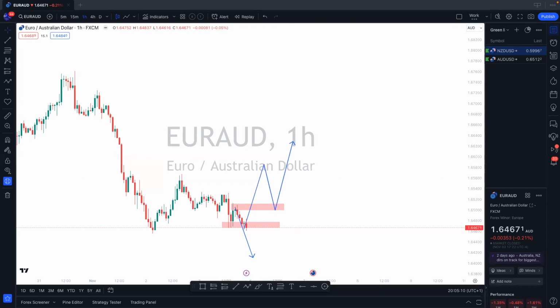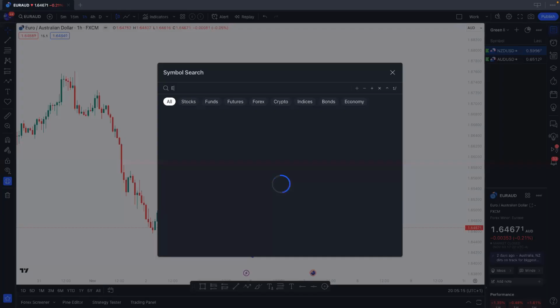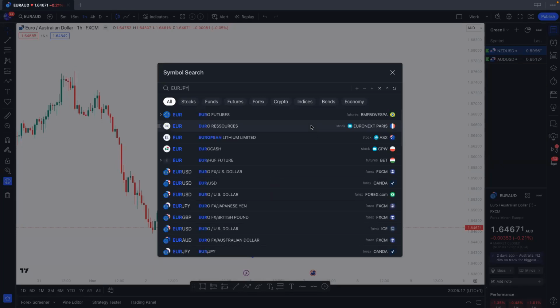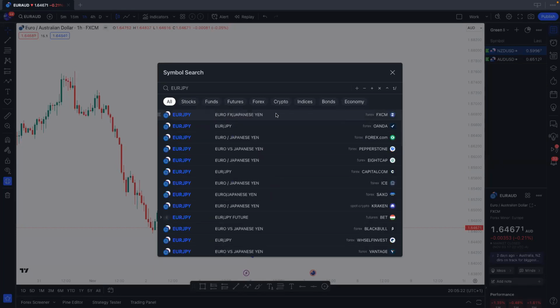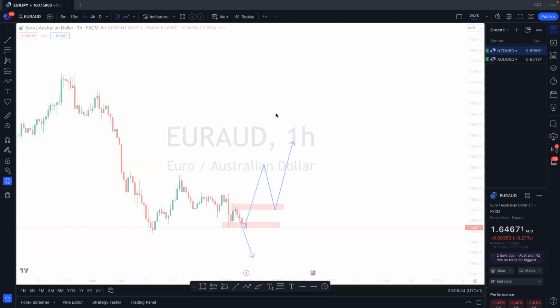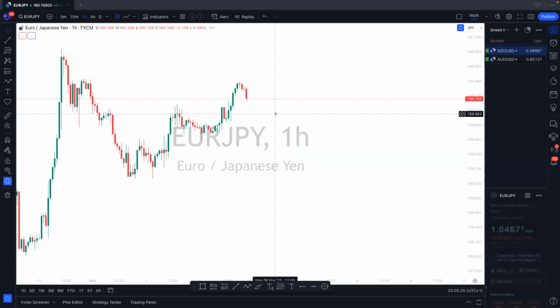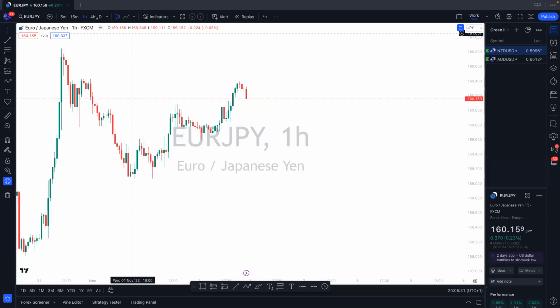Now, I think someone asked for Euro JPY. So let's take a look at Euro JPY. This is actually nice market structure. Let's look at the 4-hour time frame.